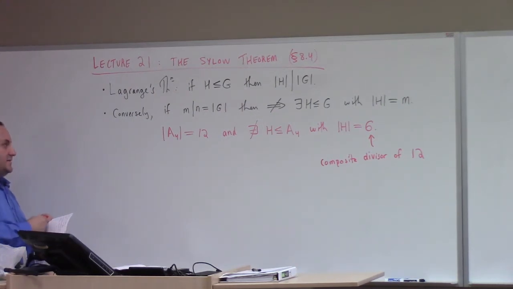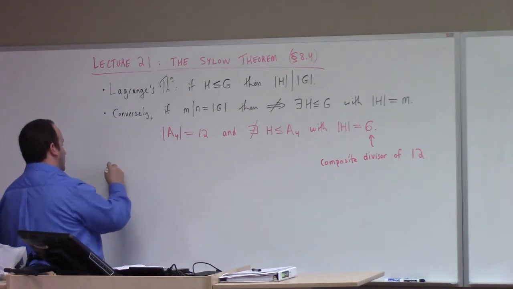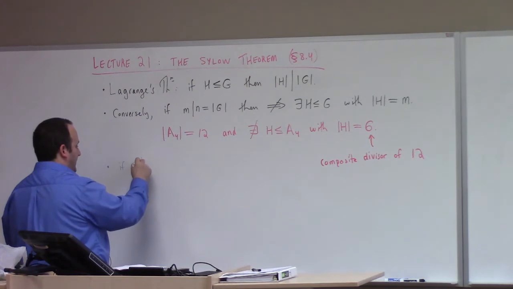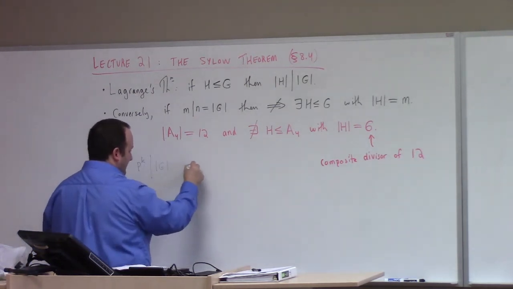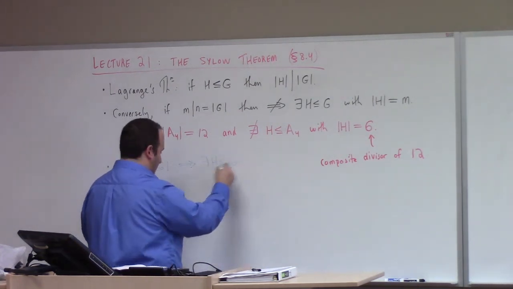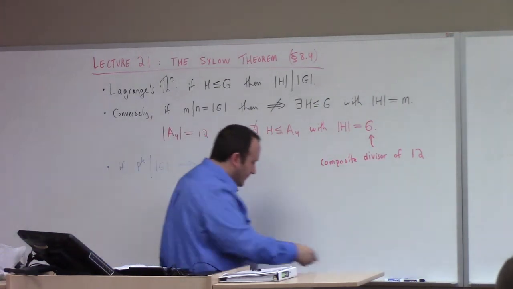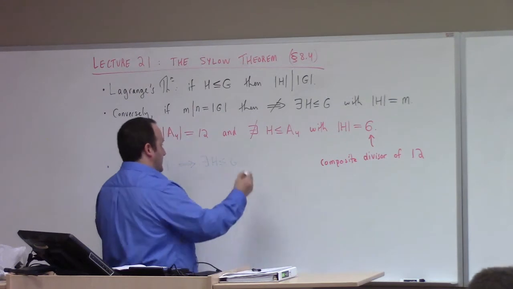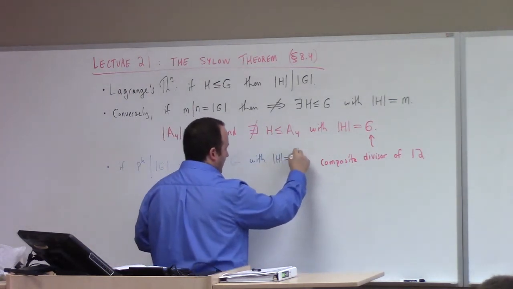In other words, if we have that a prime to the power k divides the order of the group, then that in fact does imply that there exists H, a subgroup of G, with the order of H being equal to p to the power k, p prime.